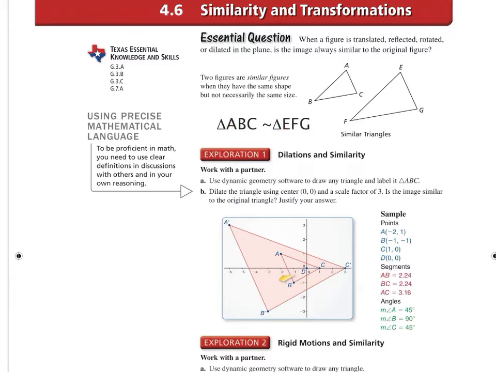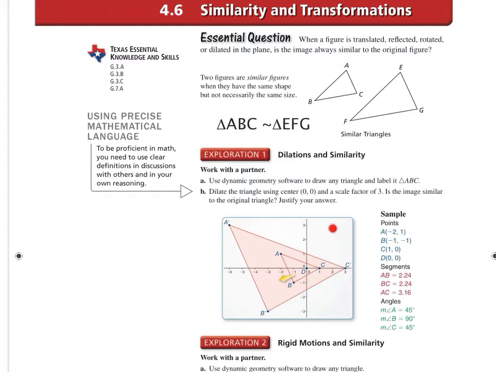So A is congruent to E. With similar shapes, all your angles are congruent. The sides, however, are not congruent with similar shapes. Instead, they are proportional. So length of AC is proportional to length EG, and the same proportion for BC corresponding to FG, and AB corresponding to EF.